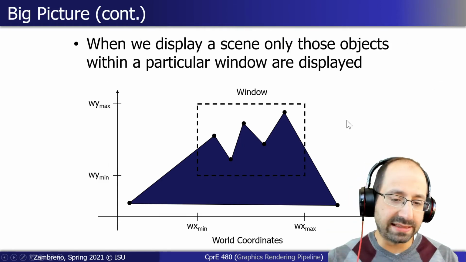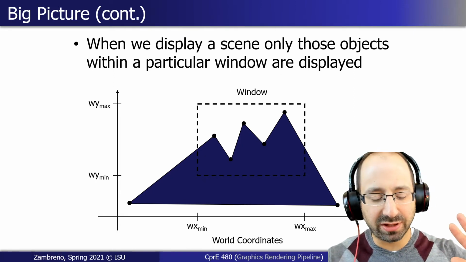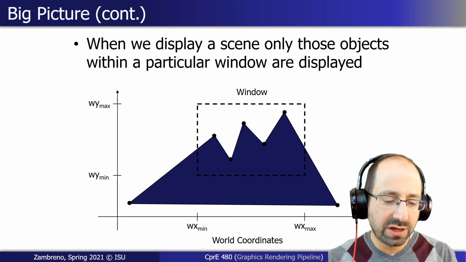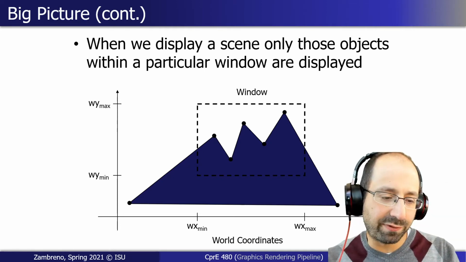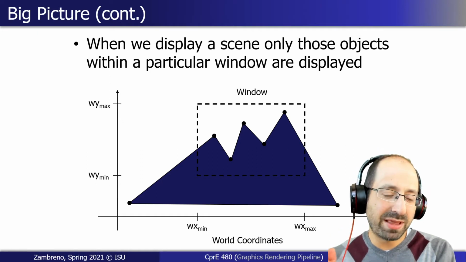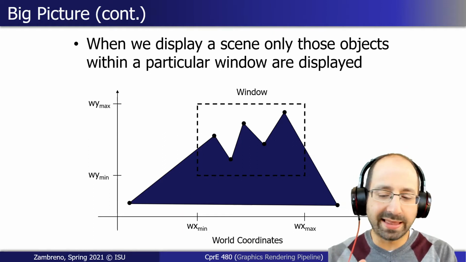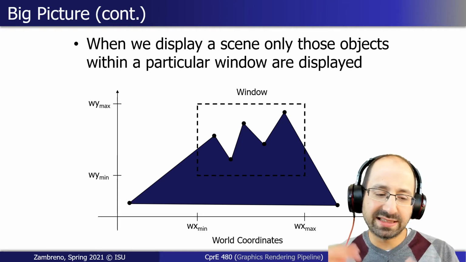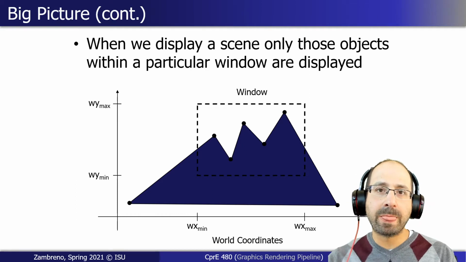But when we display that scene, whether we're talking about the vertex transformations we haven't really covered much in class yet, or even just thinking about like the viewport transformation itself, we have this idea that we have this sort of infinite range of which we can specify our vertices in and our corresponding primitives to fit inside. But then we have the actual window we want to draw into. So you can think of it as being things that lie outside the range -1 to 1 in the x and y dimension, or just things that are outside of our window for the window coordinates we're interested in drawing here.